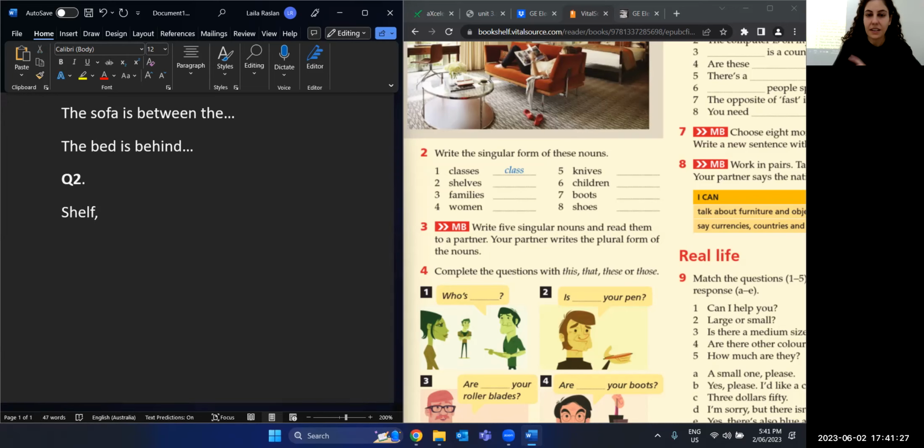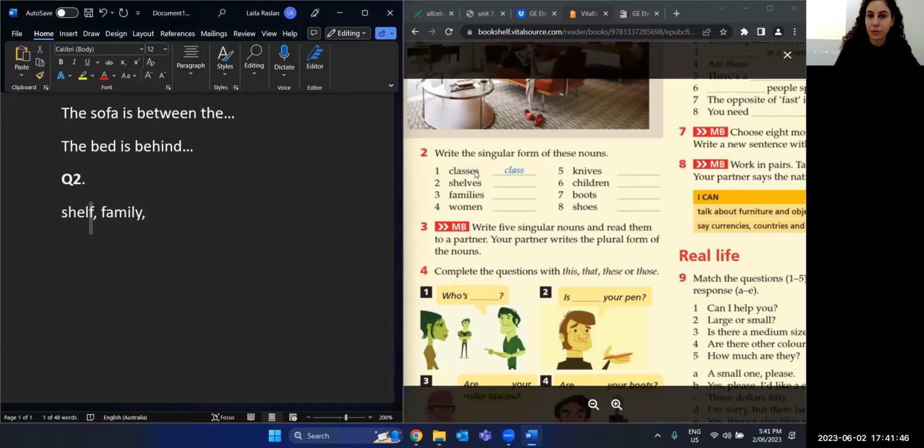That's only one shelf and it has an F. What about families? What's one family? Family. Because we know the rule: the Y in the singular changes to IES in the plural. Any noun that ends in an F, in the plural, becomes VES. And if it ends in double S, we add ES.